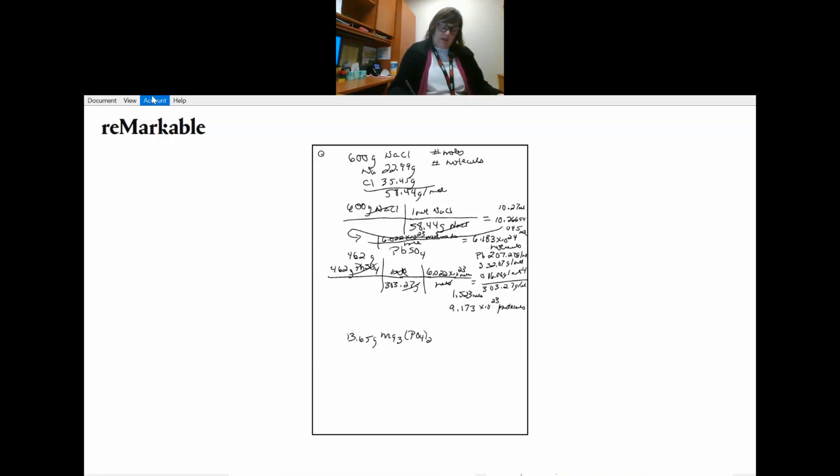Now let's calculate our mass for Mg3PO4. And I'm actually going to use a little bit of this space up here to do that. So Mg, P, and O. I have 3 times that, 2 times the phosphorus, and I have 8 times the oxygen, which is 16 grams per mole.